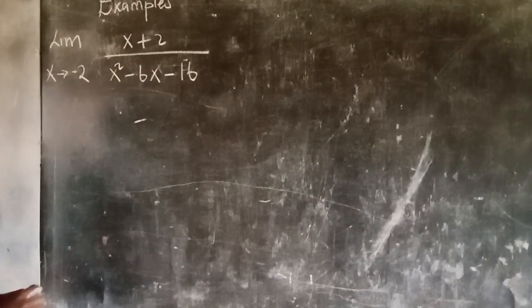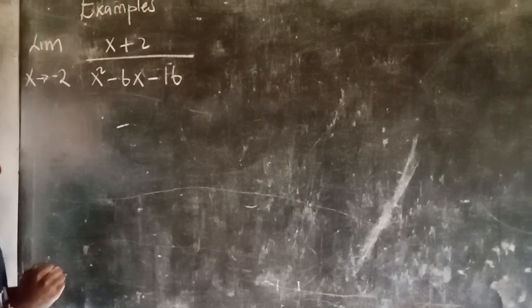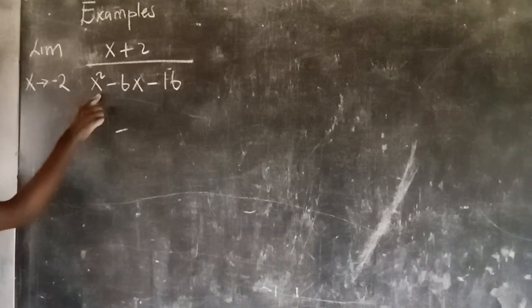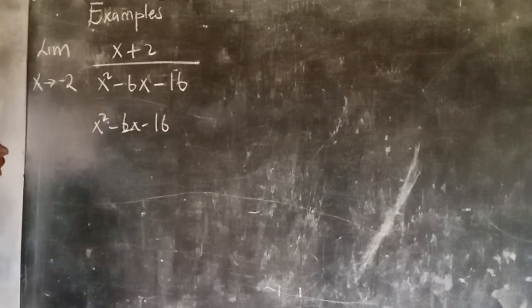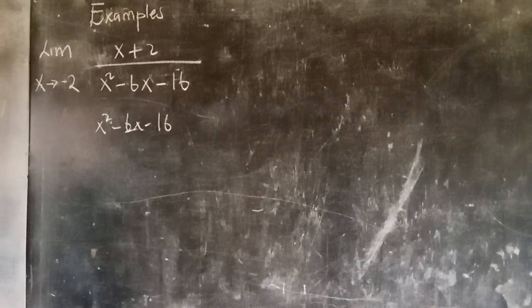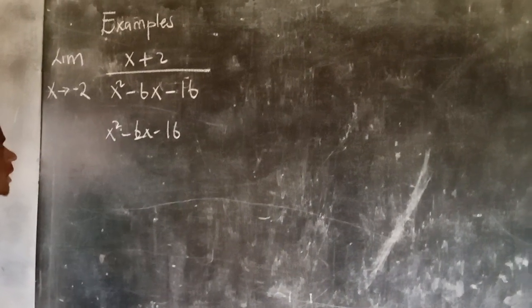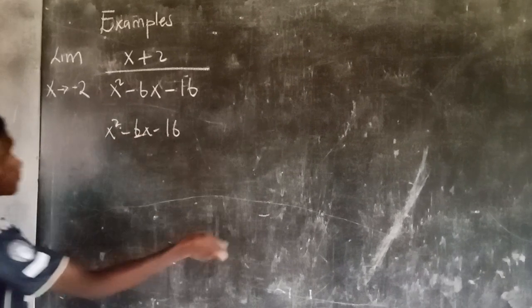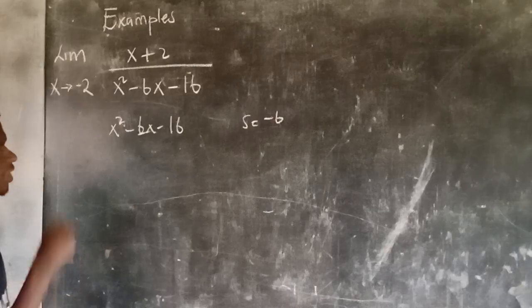So how do we factorize it? You have this as your x squared minus 6x minus 16. How do we factorize this? You can use the concept of product, sum and factors to factorize this kind of a quadratic function. So what's our sum? We have our sum, which is negative 6. And what is our product?